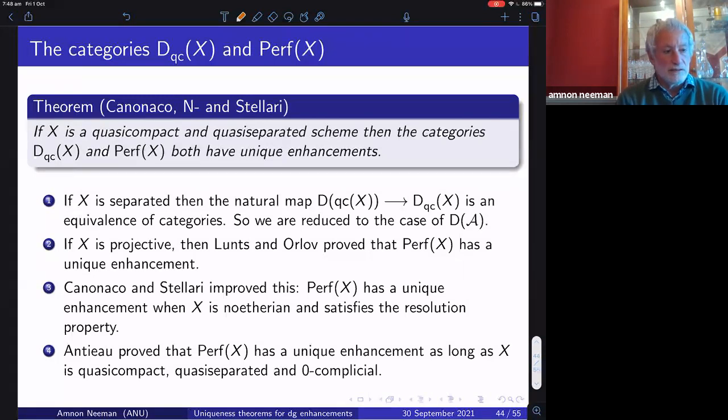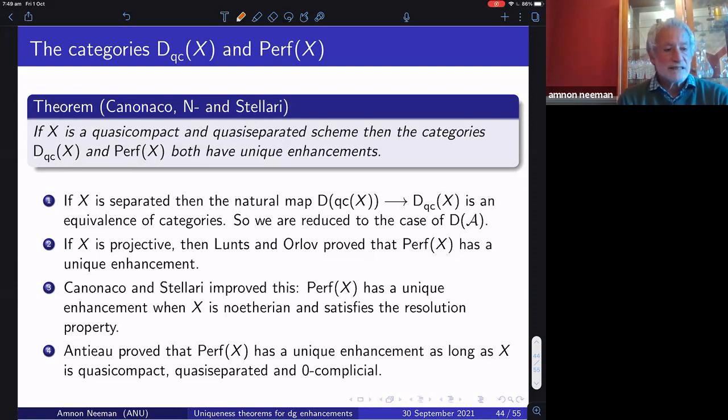So, what was known before? Okay, so if X is separated, then the category of sheaves of OX modules with quasi-coherent cohomology is the same as the derived category of quasi-coherent sheaves on X. And so we are reduced to the previous case.